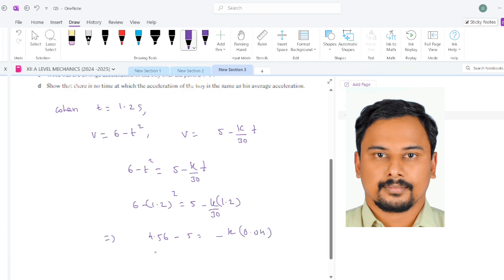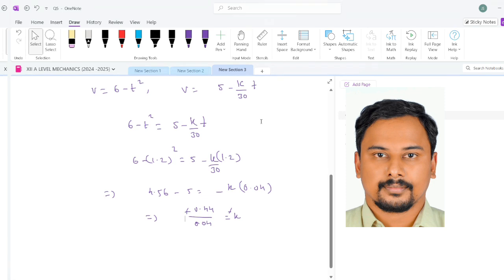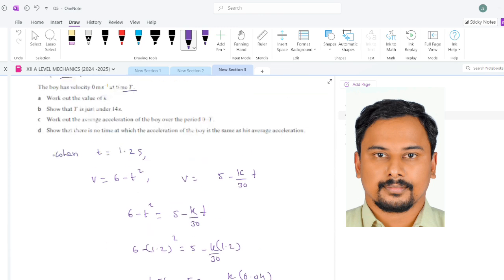So simplify this, what will we get? 4.56 minus 5, which is minus 0.44, divided by 0.04 is equal to minus k. So minus minus cancel out. Now what is the k value we will get? It is 11. Therefore k, the constant value, is 11. So this is the first part they're asking us to prove, and we have done with the first part.